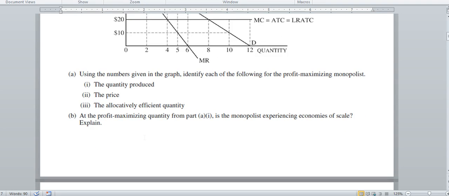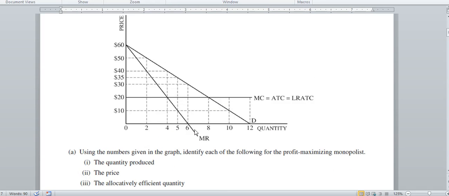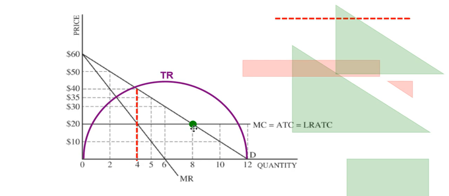At the profit maximizing quantity from part A1, is the monopolist experiencing economies of scale? Well, in order for a firm to experience economies of scale, that means as they produce more, the average total cost should decrease.